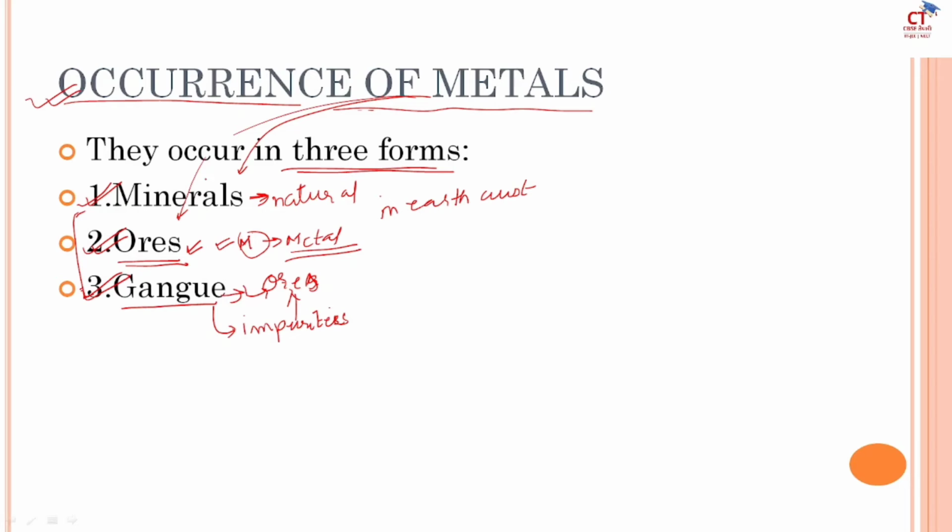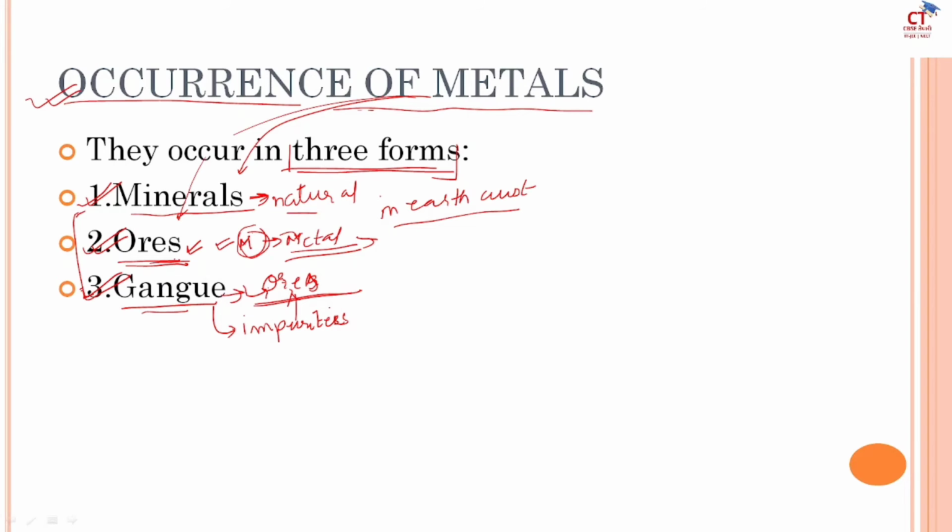The ore is a mineral that has metals and that can be easily extracted, but this ore also has gangue. Okay, so we can say that metals occur in three forms. That is, first is mineral, second is ore, and third is gangue. Minerals are naturally found in the earth's crust. Ores are minerals that have metals and can be easily extracted, and gangue is the impurities present in that ore.